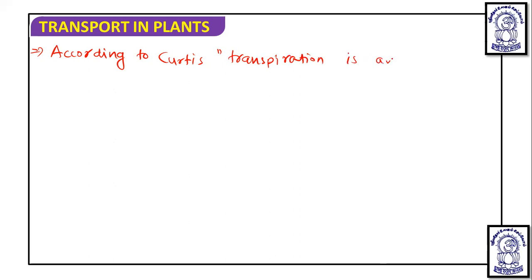Transpiration is an essential evil means in transpiration the water loss occurs at a maximum rate. Okay, in transpiration loss occurs obviously, but if transpiration takes place, then the water will be supplied for photosynthesis. Because of this we call it the essential evil.